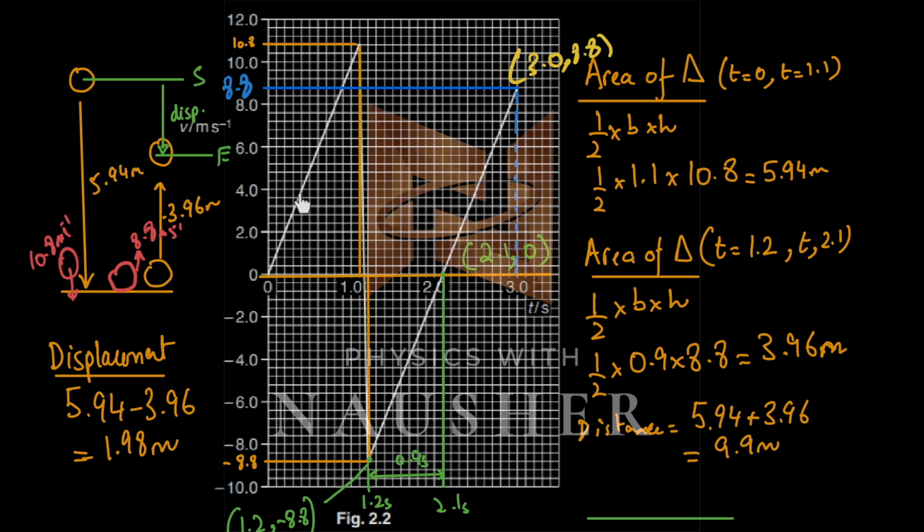So the graph will go this way, then it'll go down to this point over here, not the orange line, the white line. Then it'll go back up to 8.8 at 1.2 because this line represents 1.2. I'm reflecting this point because speed cannot be negative. And then when I reach this point, I have to join it at 2.1 for the speed to be 0, straight line down, and this is the graph.